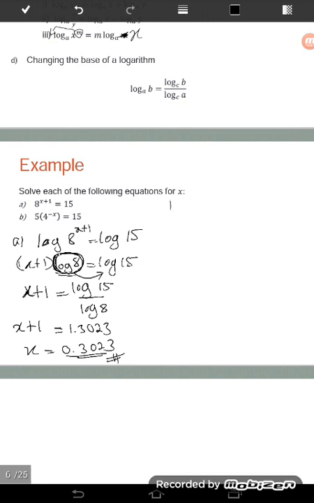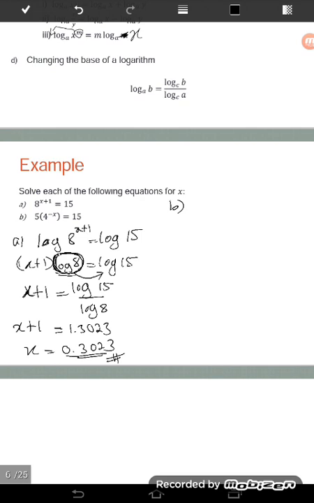Okay, so next B. Okay, so B also same here, 5, 4 and 15. Okay, so you cannot make the base same, tak boleh samakan base dia, because here is 4. So 4 actually is 2 power of 2, but 5 you cannot change into 2 power of something which is equal to 5. 15 also same. So therefore you need to take log on both sides.